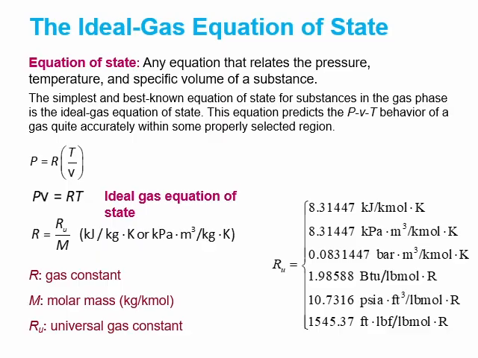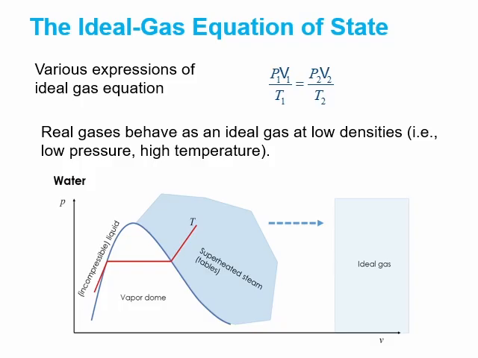This equation works well for gases at low pressures and high temperatures. Real gases deviate at high pressure. An example for water: when water vapor is at very high temperature or low pressure, it becomes an ideal gas. And in this case, we can treat water vapor as a gas.